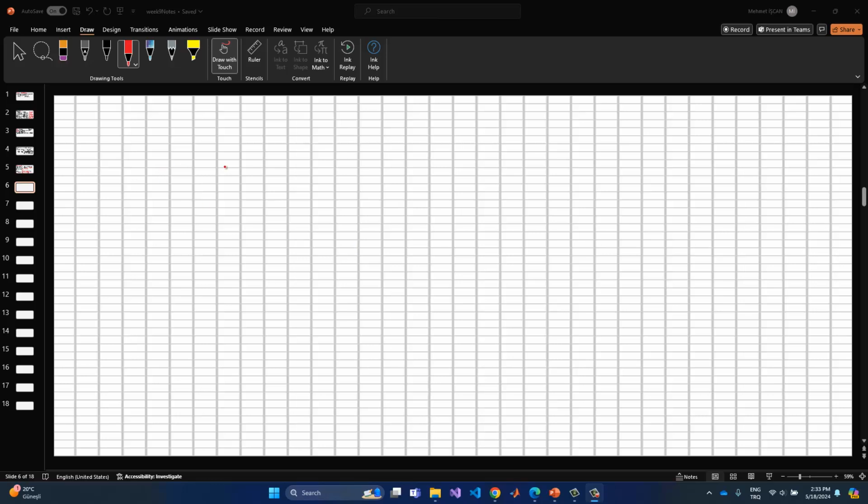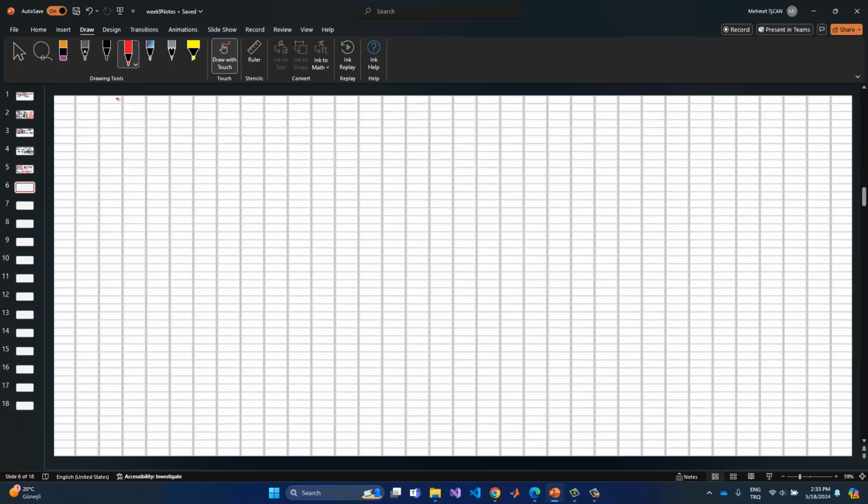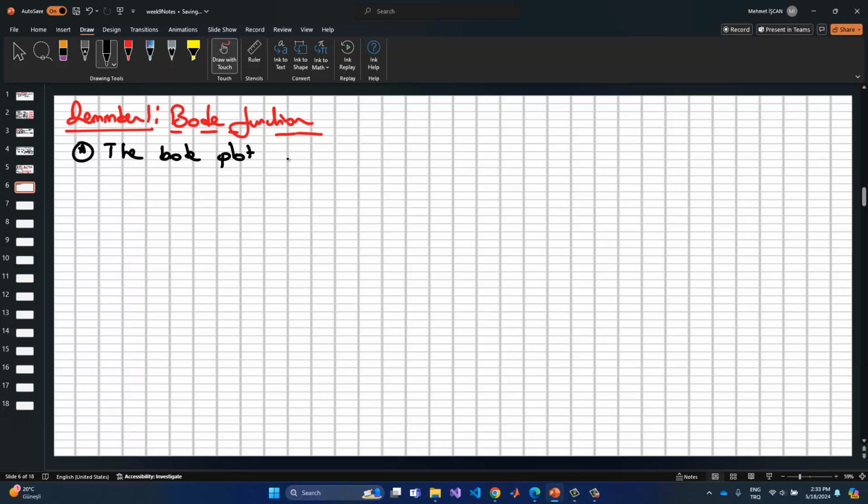Okay, first of all, the number of reminders: reminder 1 is the Bode function. The Bode plot can be drawn based on the transfer function, guys, which is given in the S plane, just like this one.